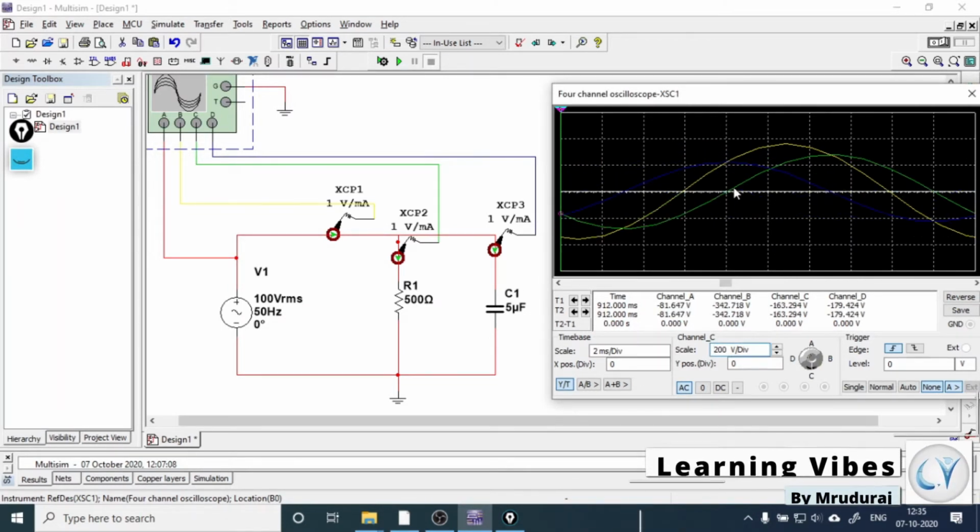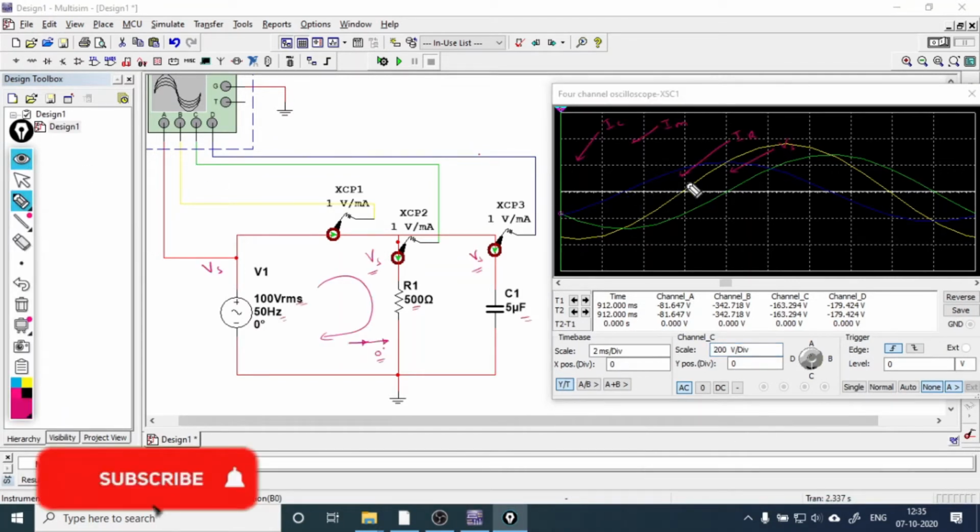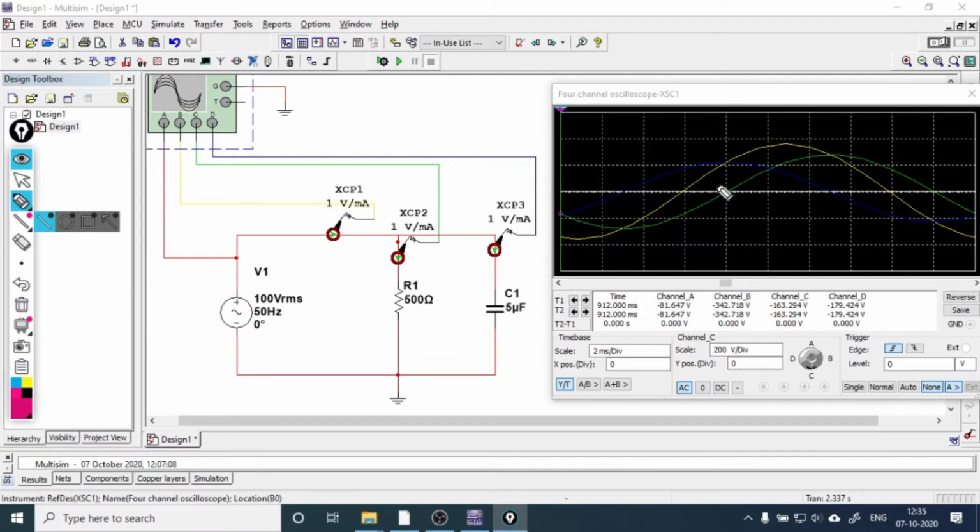So just imagine that right now this green line represents the Vs supply as well as the current flowing through the resistor, and this blue line represents the current through the capacitor.